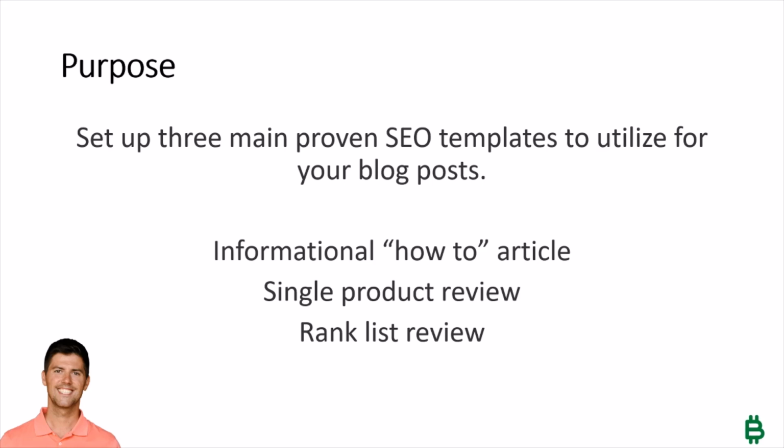Or again, everything else could be monetized in a way that we're pushing out to affiliate products, or we're internally pushing them toward more valuable content around this whole niche. So it's a way to really key in and focus on your niche, but there's many ways that you can provide valuable information. So 1, how-tos; 2, single product review; 3, a rank list review. I'm going to give you a template for all 3, and let's get started doing that.